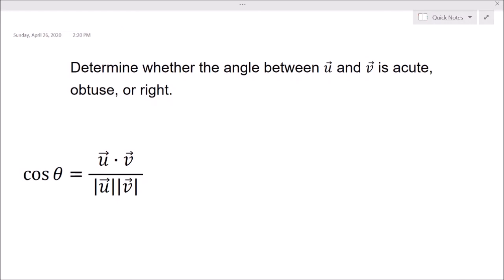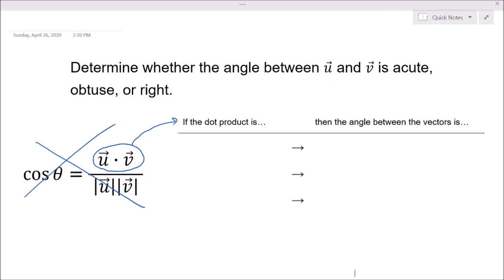And in this case, we actually don't have to deal with this huge formula. We don't need the whole formula. Instead, just finding the normal dot product, so just this part, will actually tell you whether the angle is acute, obtuse, or right, even though it won't necessarily tell you exactly how many degrees the angle is.